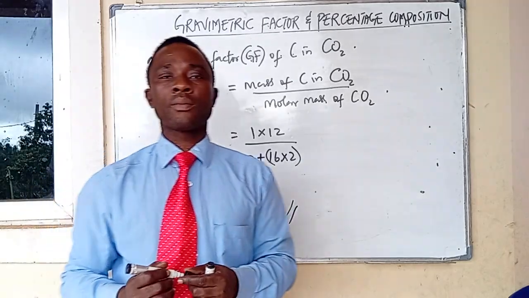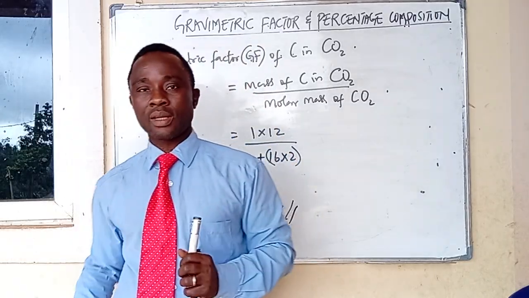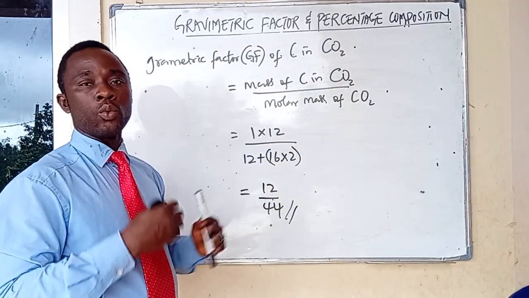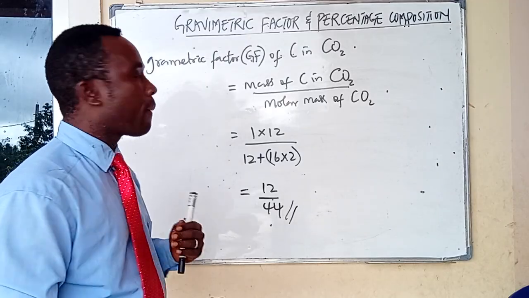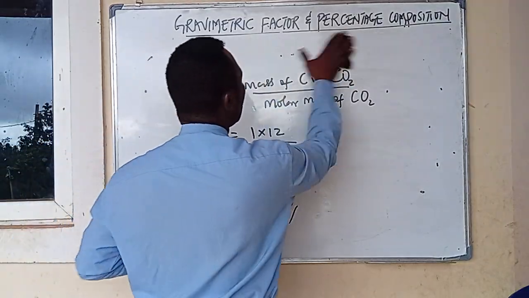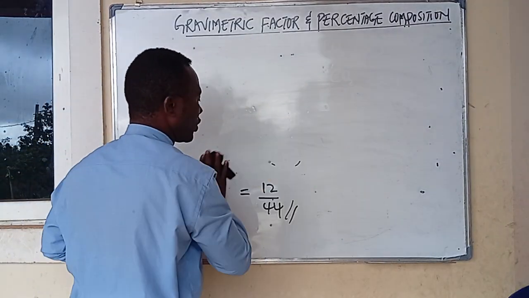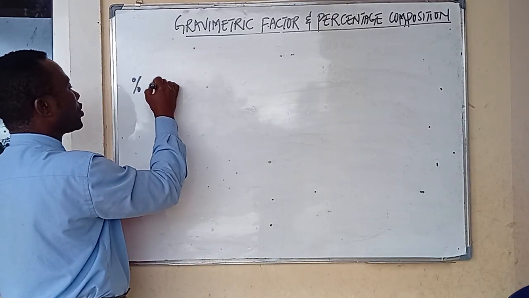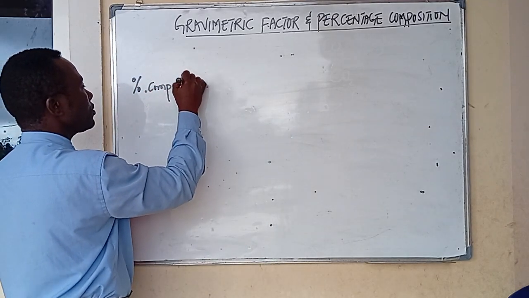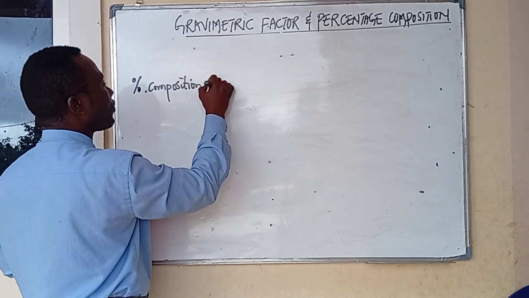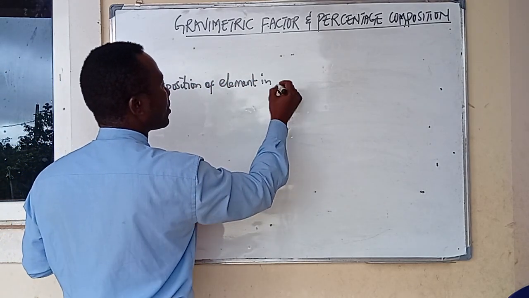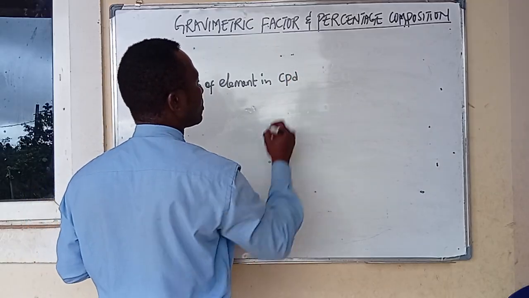Now, having known how to get gravimetric factor of any element with respect to a given compound, let us now look at percentage composition of elements in compound.